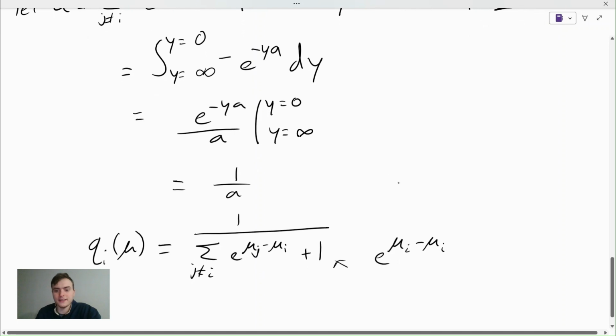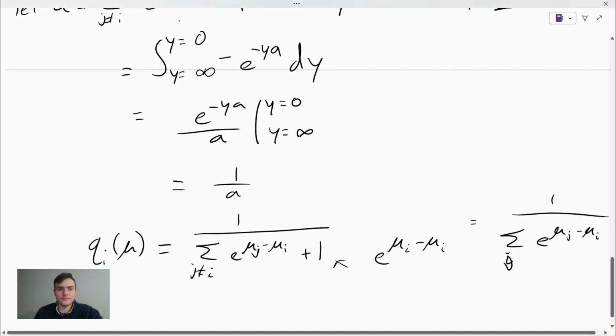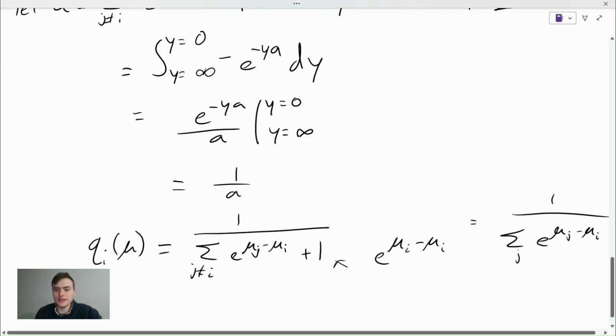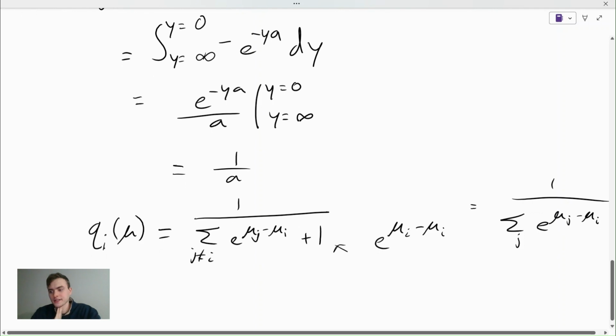So that really is the same as doing the summation over all j, e to the mu j minus mu I. Basically, the 1 is representing that itself adds to the total probability. So it's 1 over the probability of all the choices weighted appropriately.